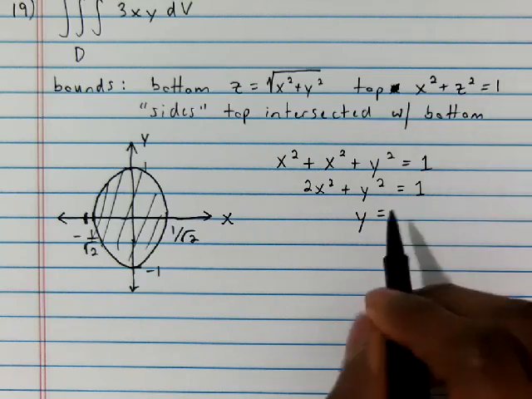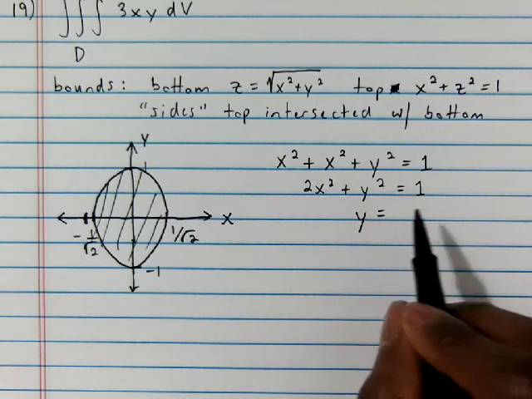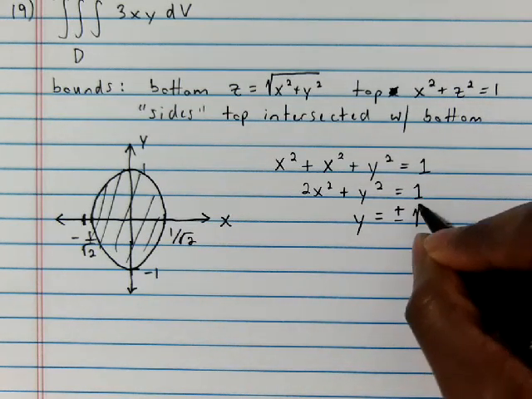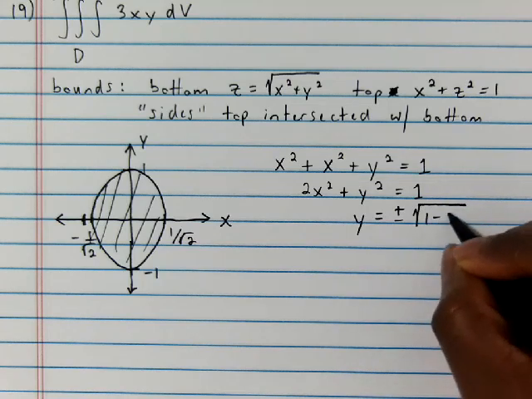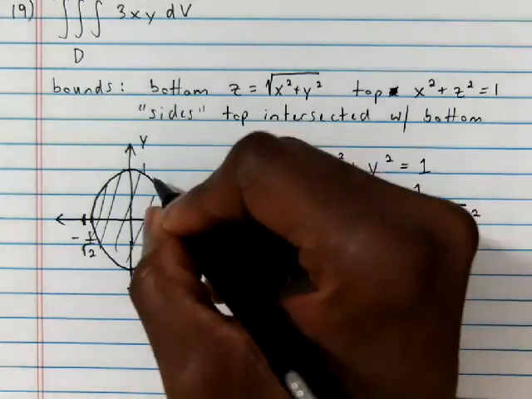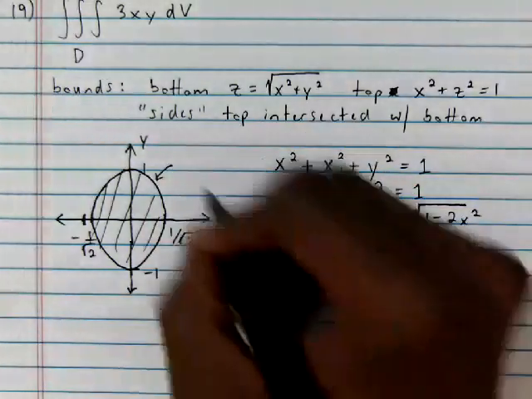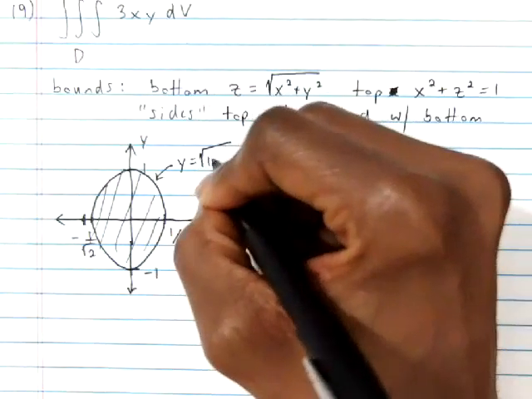If we solve this for y, we're going to get y squared equals 1 minus 2x squared, and then take the square root of both sides. We're going to get y equals plus or minus the square root of 1 minus 2x squared. So now we have our top function. Not this top, sorry, I mean the top of this thing. This right here is y equals the square root of 1 minus 2x squared.